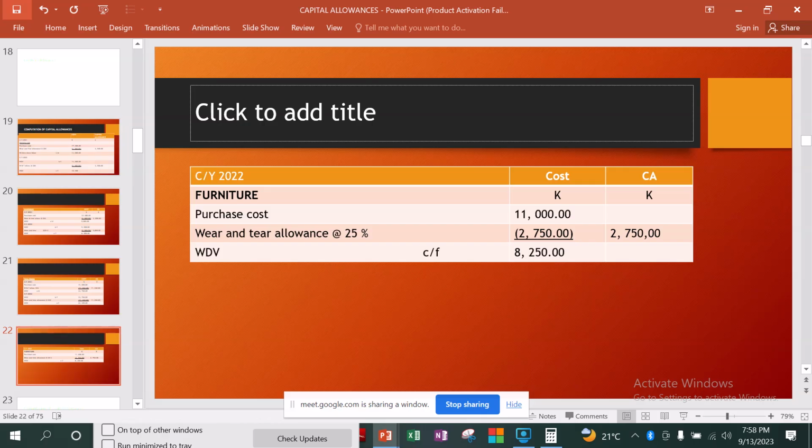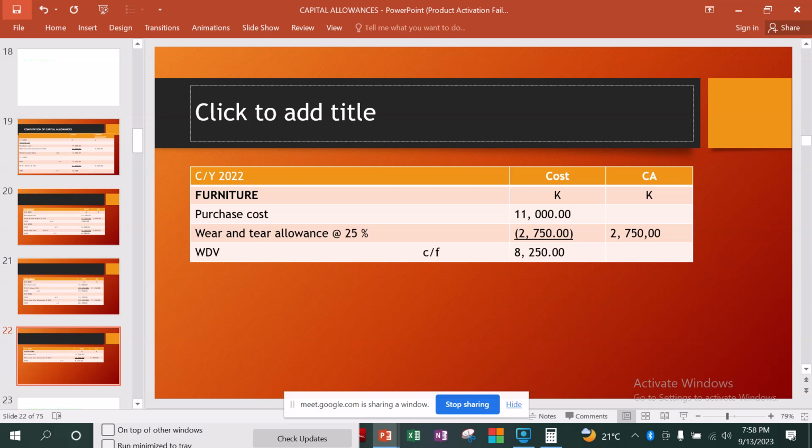Okay. So that's how we go about calculating these capital allowances where you are dealing with implements, plant and machinery. So what have we learned?